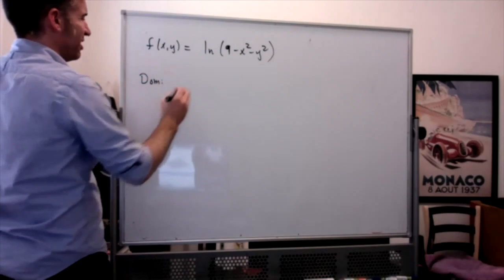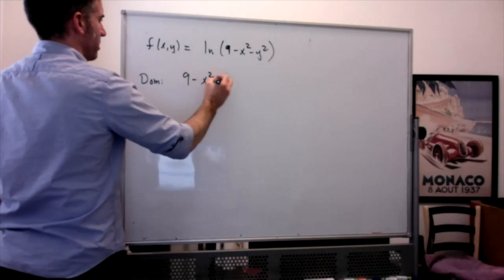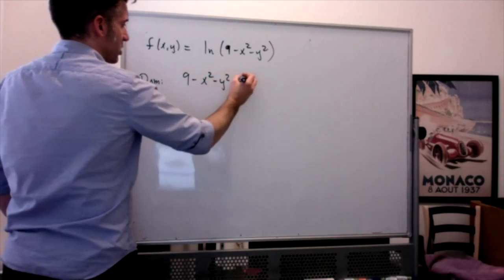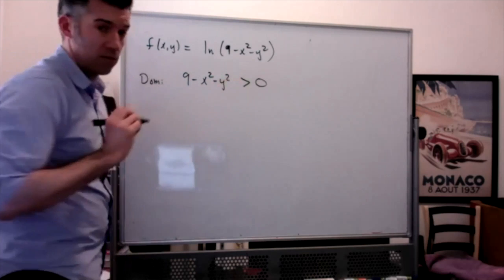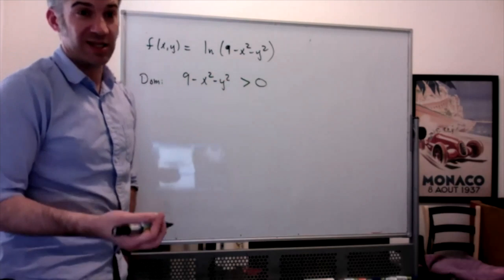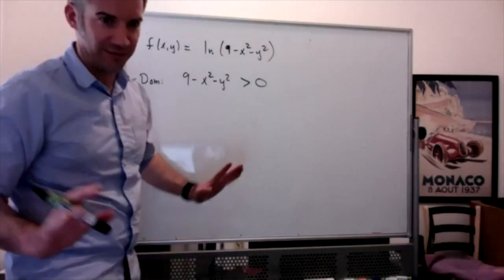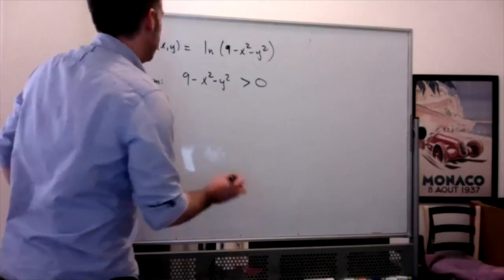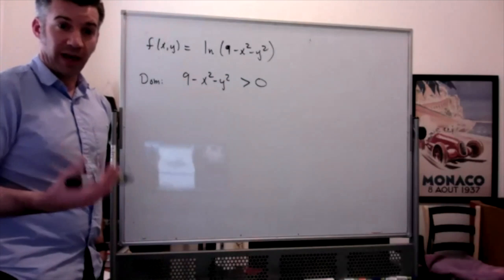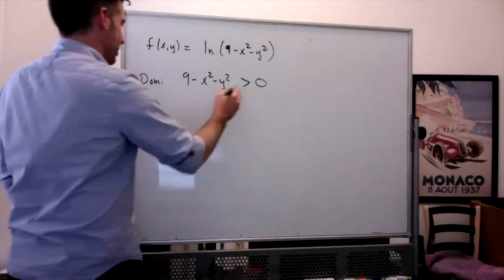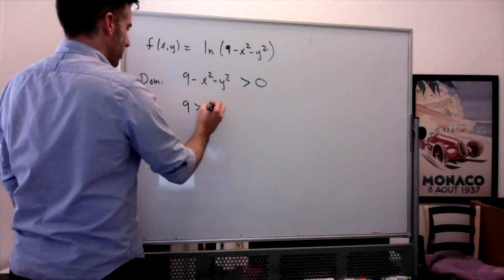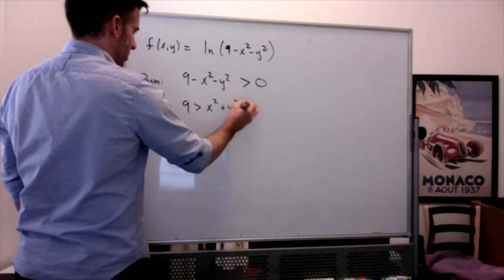Domain. 9 minus x squared minus y squared needs to be strictly greater than 0, right? Because it's the logarithm, the insides have to be positive, strictly positive, right? Not 0 or negative. Again, we're going to group x squared and y squared together. So I'm going to rewrite this as 9 is greater than x squared plus y squared.